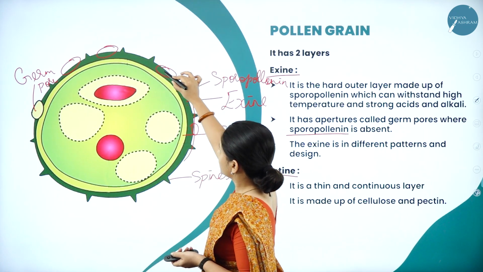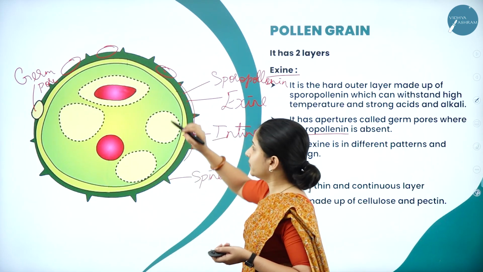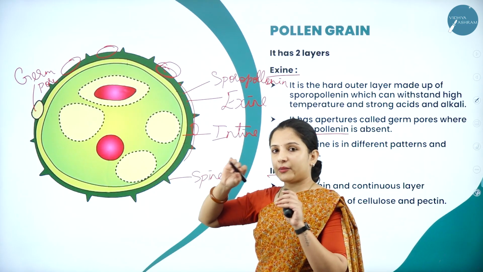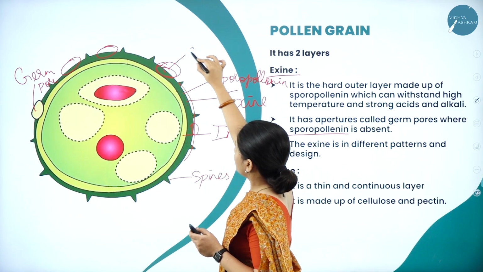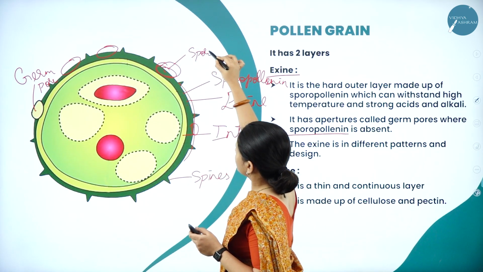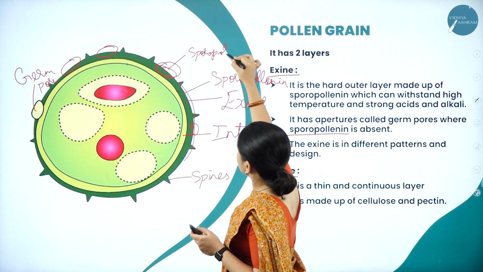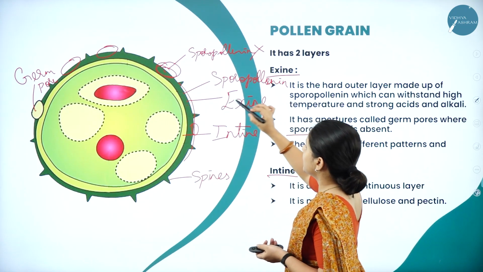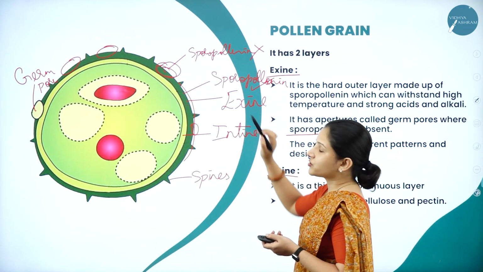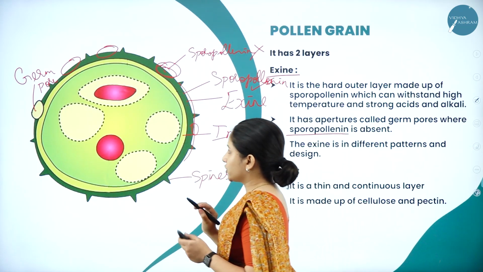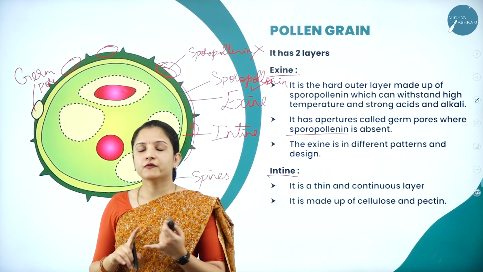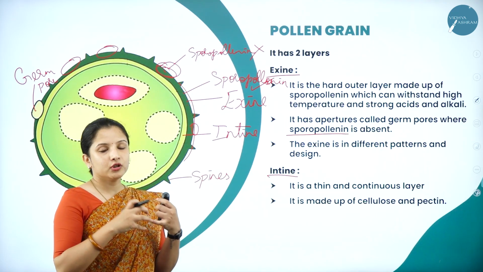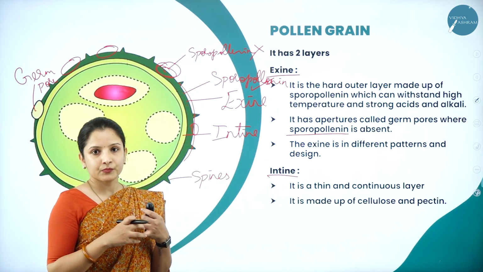But wherever the germ pore is there, say for example, the pollen grain has a germ pore here or an opening or aperture here, sporopollenin is not present. It is absent here. It is only present where the germ pores are not there. So germ pores are very useful, which helps in germination, or it helps the pollen tube to come out of the pollen grain.